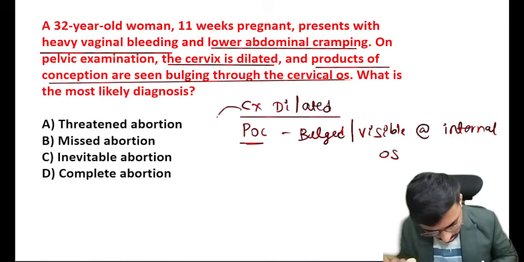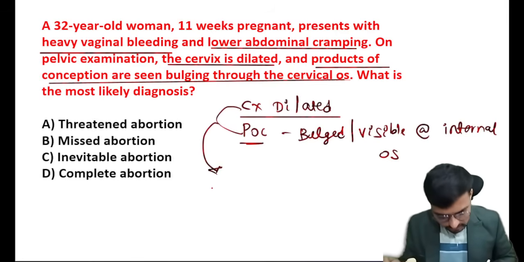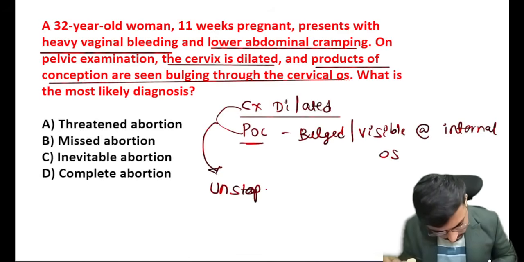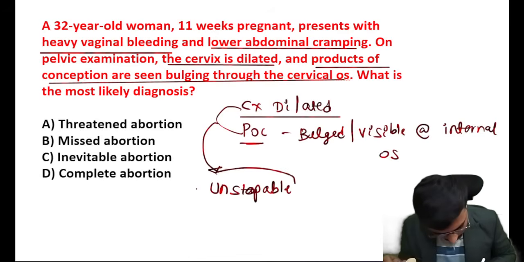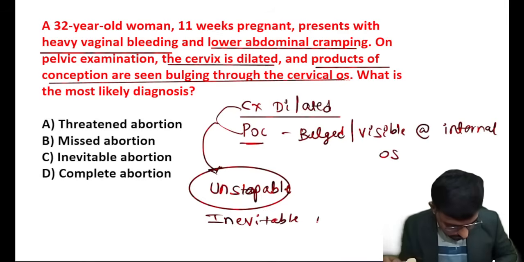So anyhow we are unable to stop this process of abortion. It is unstoppable, which we call inevitable. So we can say this is an inevitable abortion. Very, very important, keep it in your mind.